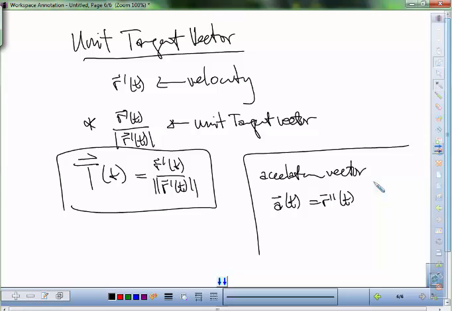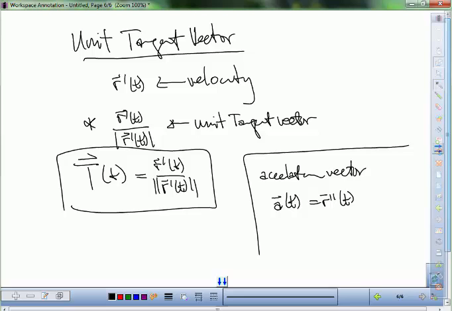Okay, and for now, that's all I'm going to say about it. Tomorrow, I'll have a lot more to say about the acceleration vector when I combine this idea of a unit tangent vector, and we're going to create a frame moving along a particular curve called the Frenet frame that will involve three unit vectors.